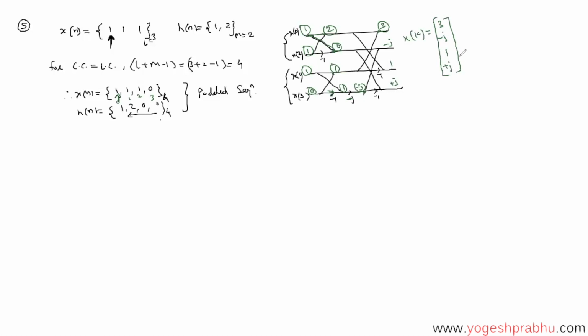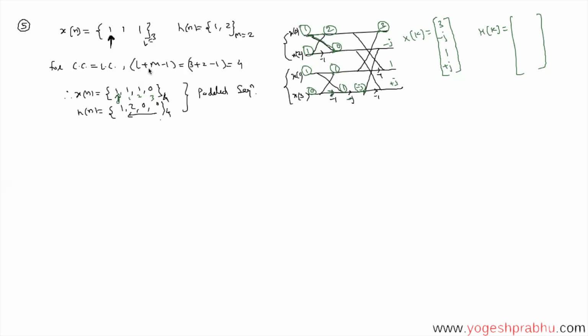That's x of k. Now similarly, you'll find h of k. How will you do that? Same graph. Shall we use the same graph? I'm a little too lazy to draw the graph again. That's fine. Let me just use the power of colors.